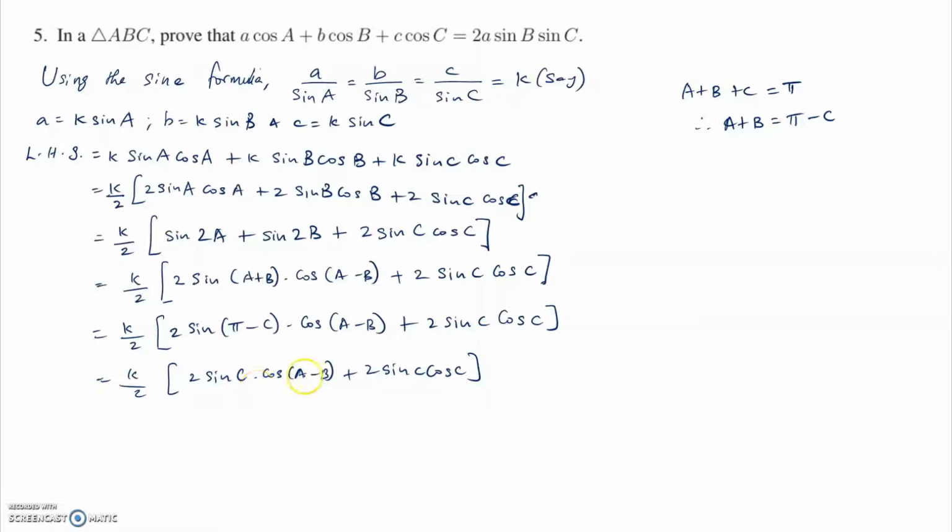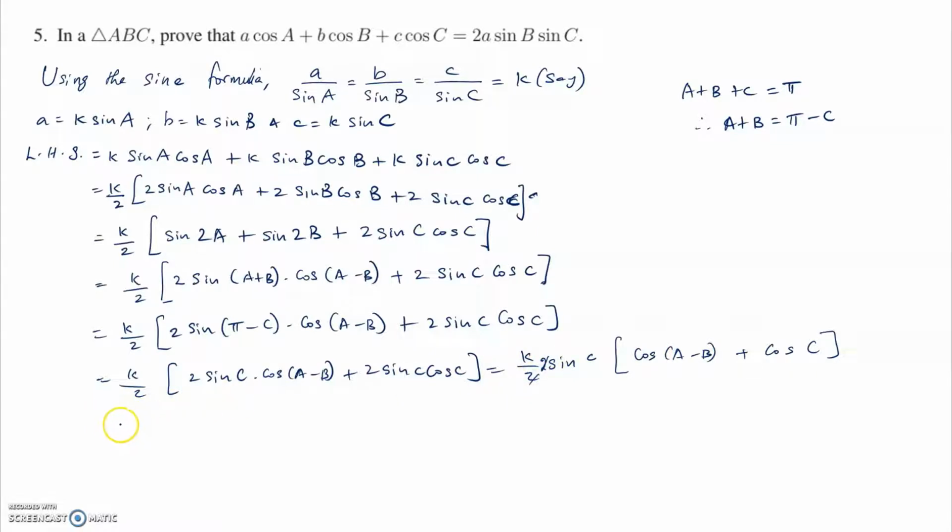So, we have a sin C common. Let's take that out. So this becomes k by 2 into 2 times sin C, because you have a 2 common on both, into cos A minus B plus cos C. So your 2 will now be cancelled.